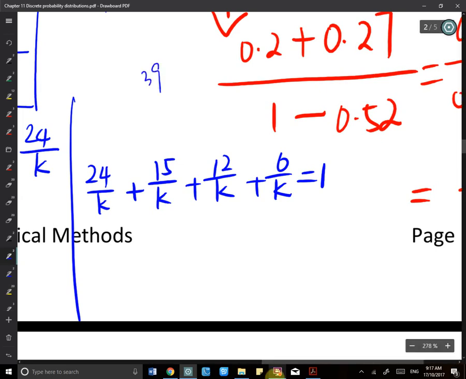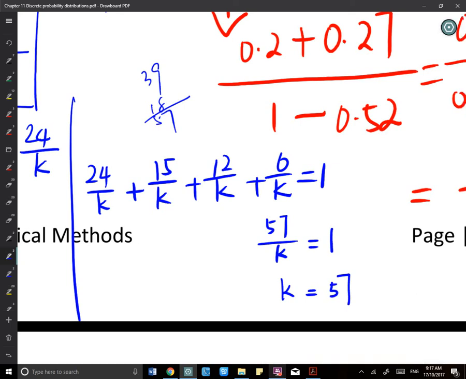So 39 plus 18, 57. That's 57 over k equals 1. Therefore, k equals 57. So the value of k should be 57. Okay, that's how we find the k value.